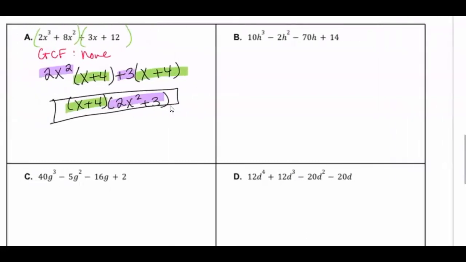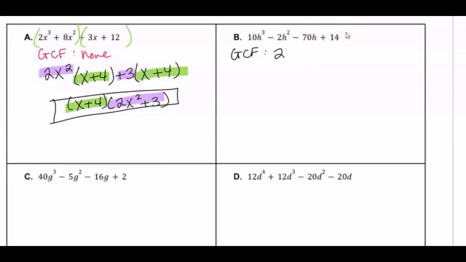So then we're going to do example B. Same idea. First, you have to check to see if there is a GCF. So I'm going to look at my smallest number, 2. 2 goes into 2, 2 goes into 10, 2 goes into 70, and 2 goes into 14. So in this case, I can pull out a 2. Now this one has h, this one has h, this one has h, but this one does not have h. So my GCF is only 2.